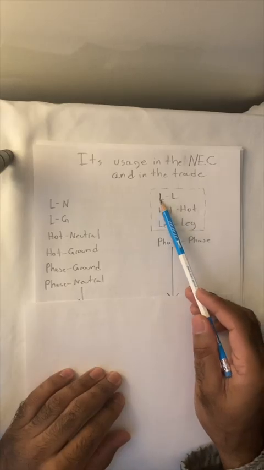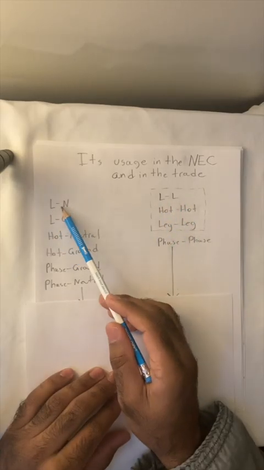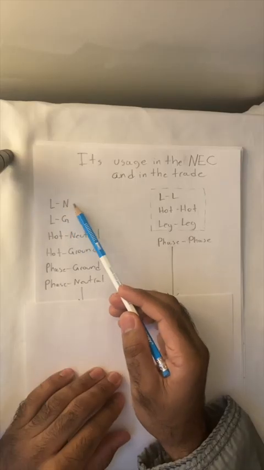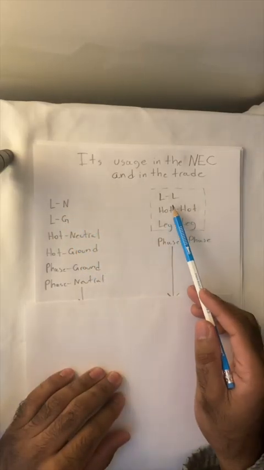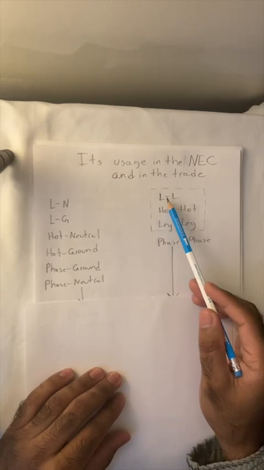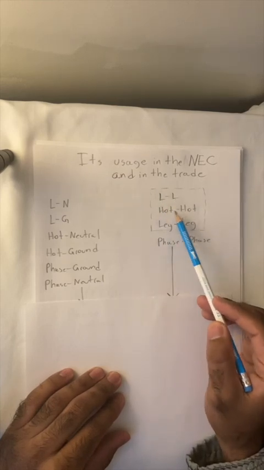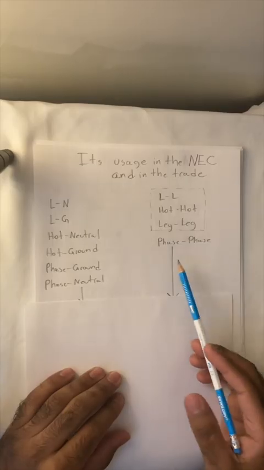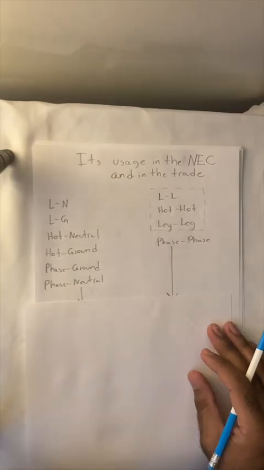By, for instance, line to line, or L to L, or line to neutral, meaning that it would be line to neutral voltage, or line to ground voltage, or hot to neutral voltage, or hot to ground voltage. Similar to line voltage, or hot to hot voltage, or leg to leg voltage, or phase to phase voltage.